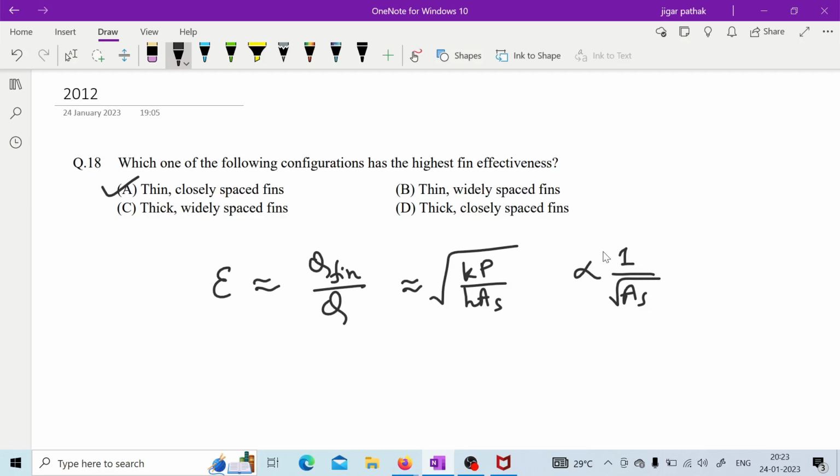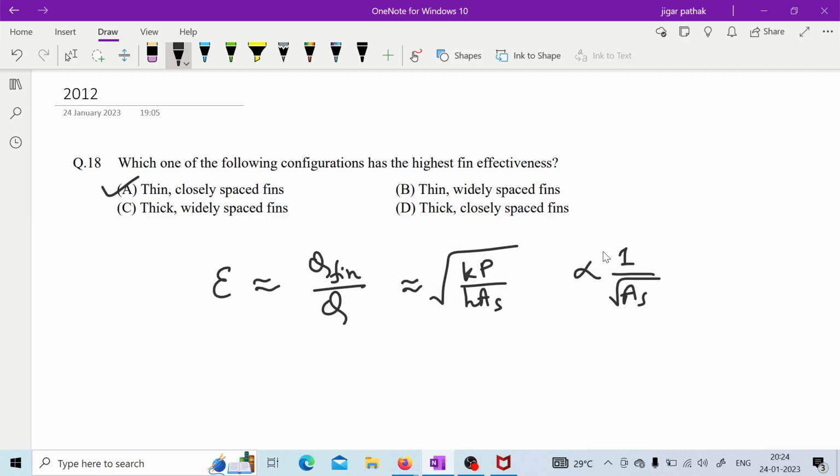If you provide thin and closely spaced fins, then you will have the highest effectiveness. So for a lower cross-sectional area, it must be thin, and only then can effectiveness be higher.